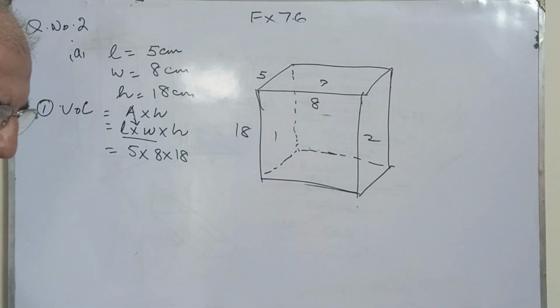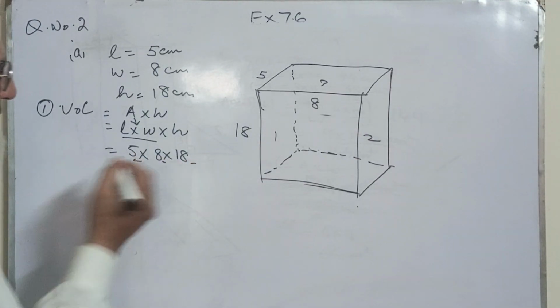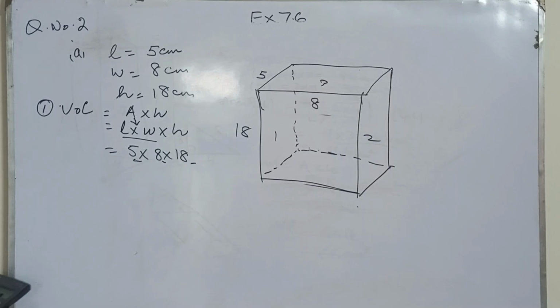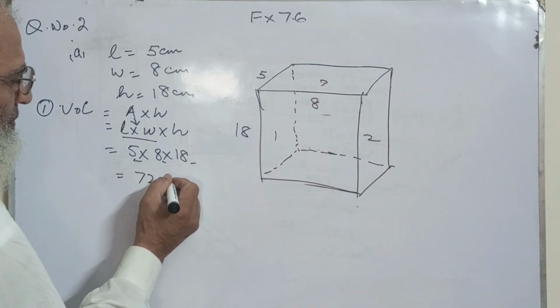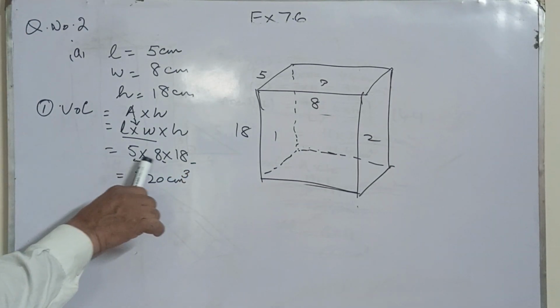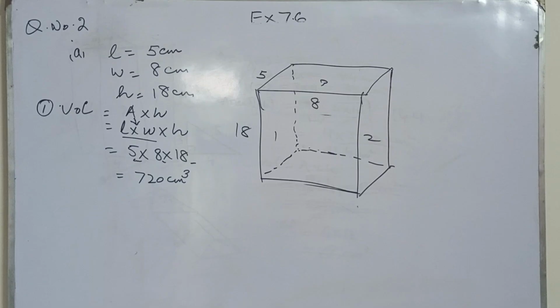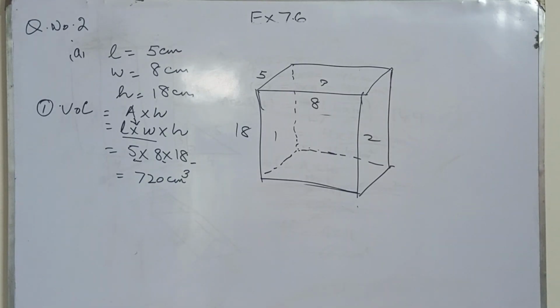All the units are centimeters. 5 times 8 is 40, and 40 times 18 is 720 centimeter cube, because there are 3 centimeters being multiplied over here. So 720 centimeter cube is the volume.